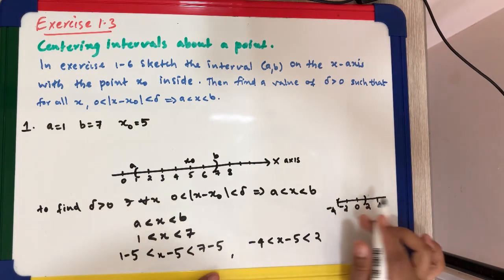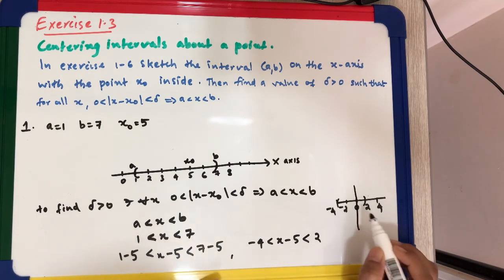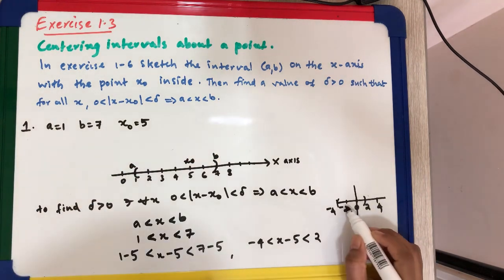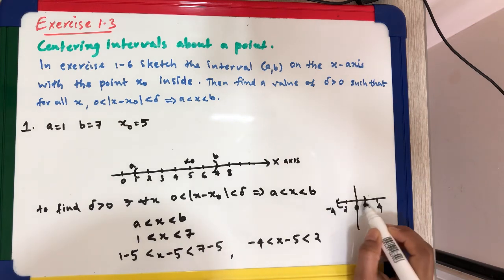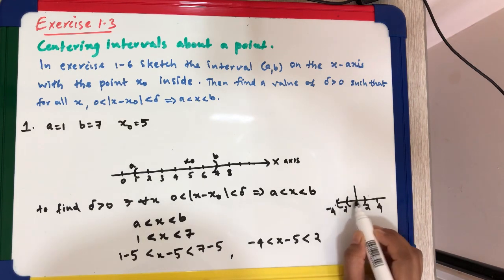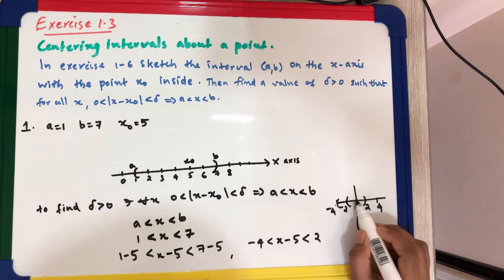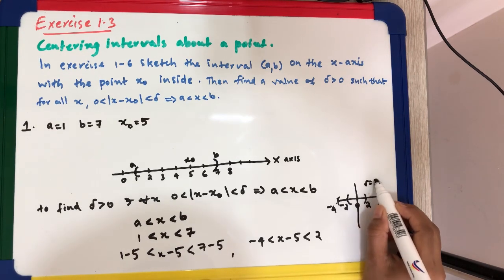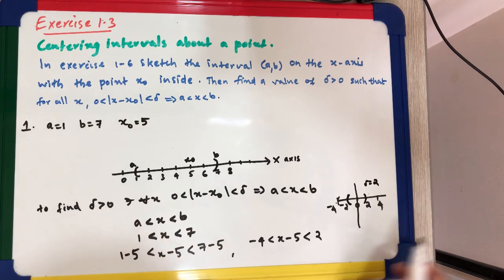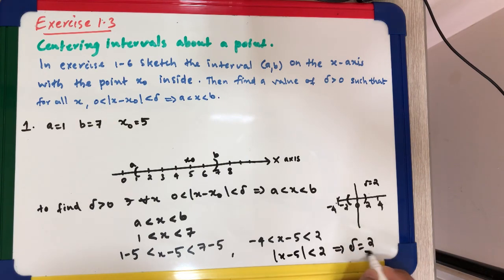X minus 5 lies in between these points. So delta is the interval lying inside this. We have to take the minimum distance. The distance from 0 to minus 4 is 4 and the distance from 0 to 2 is 2. So the minimum distance is 2. Delta is 2. This becomes mod x minus 5 less than 2, which implies delta is equal to 2.